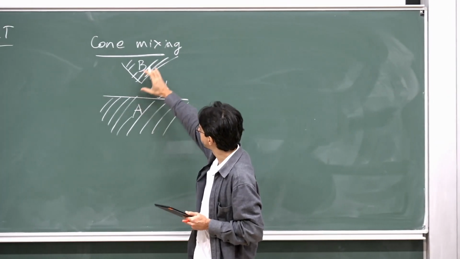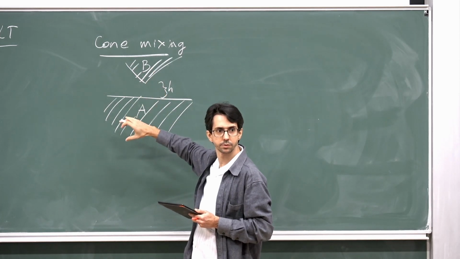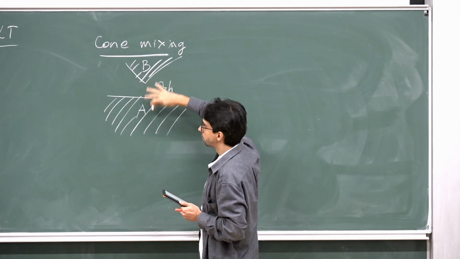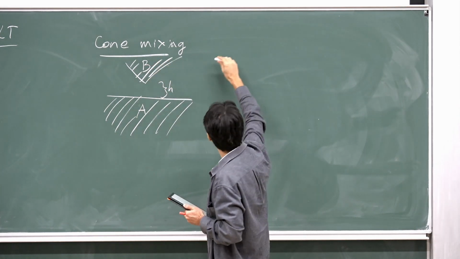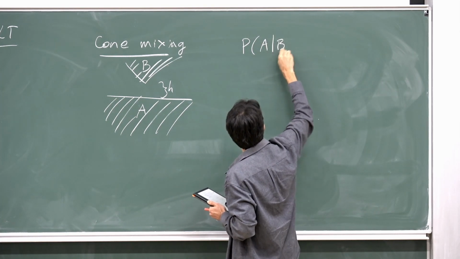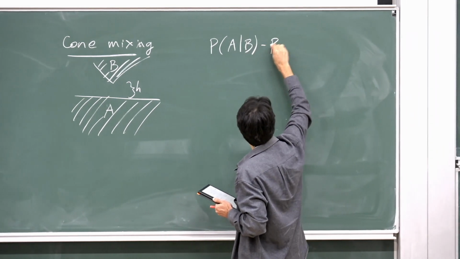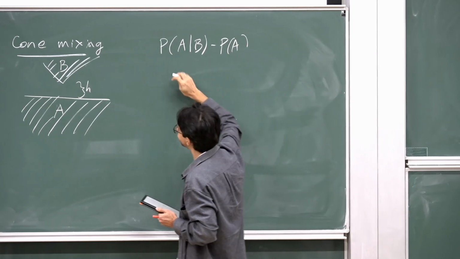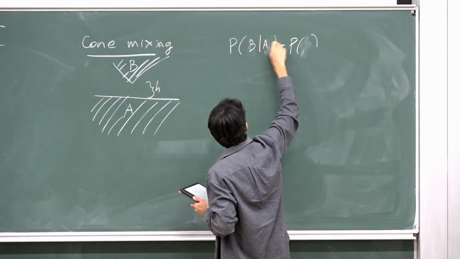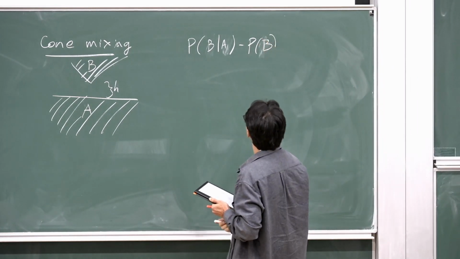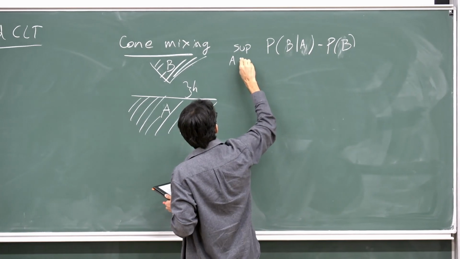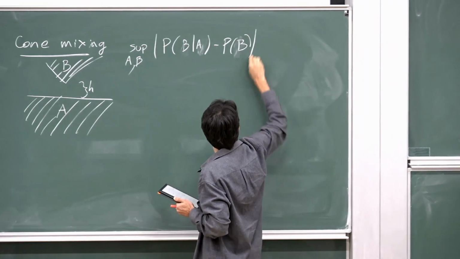So these two events, of course, could be dependent because omega is a dependent field. But if the environment mixes reasonably, you can expect that the probability of B given A be close to the probability of B. But you do require some strong condition.